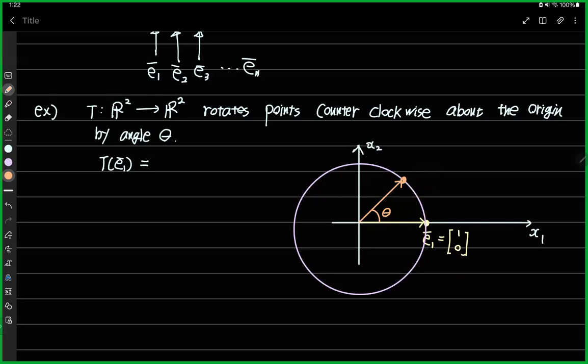That means the vector whose terminal point is this point is cosine theta, sine theta. So we want to get cosine theta, sine theta when we put E1 into the linear transformation.